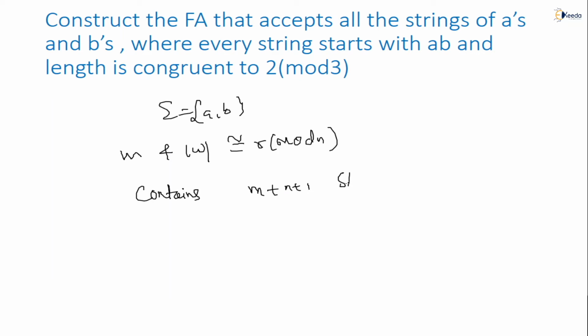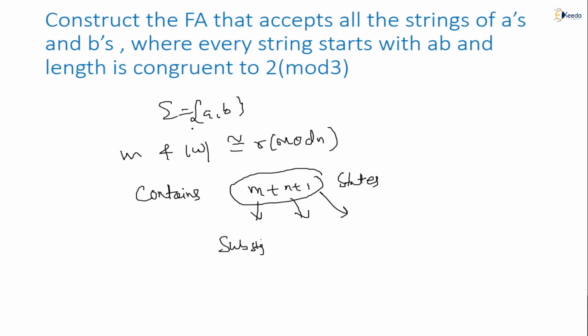Am I right? What is m? The length of the starting substring. What is n? The divisibility, which is 3 here, and this one is extra. So when we have a start-with condition and divisibility like R modulo n or 0 modulo 3, simply m plus n plus 1 gives the number of states.